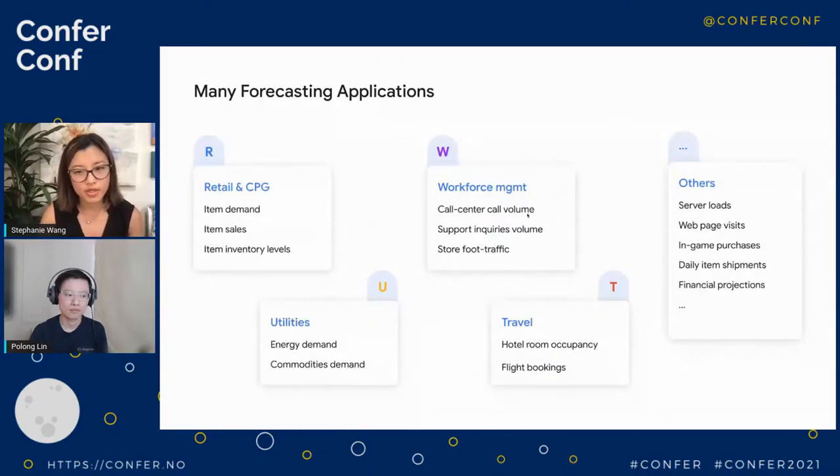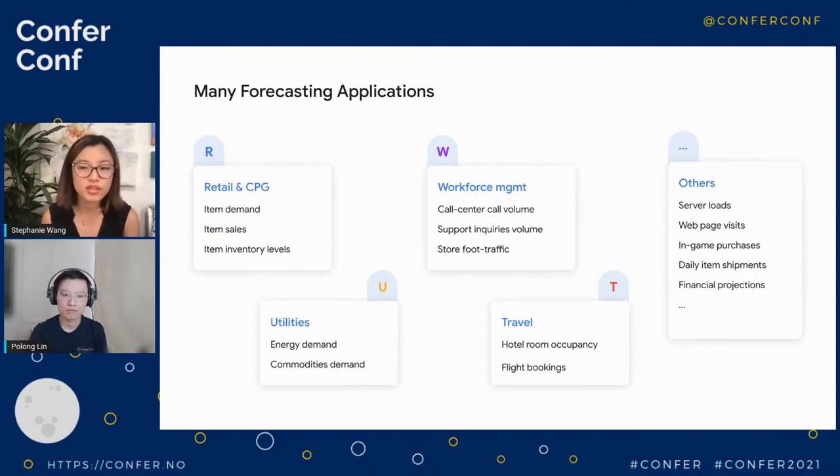In workforce planning, support tickets, support calls, or store traffic forecasting can help business owners decide on store operation hours or the number of staff to hire so that they can minimize idle paid hours and also maximize revenues. In utilities, the ability to predict energy or commodities demand can help drive decisions on resource allocations.